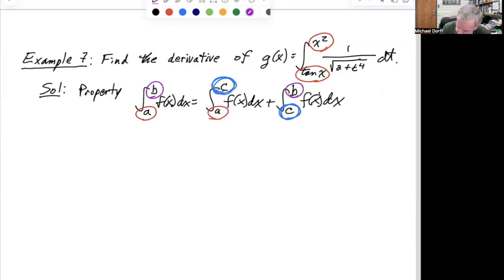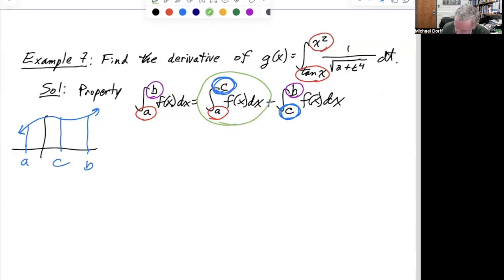You can think of this in terms of a function graph. Here's a, here's c, and here's b. Then this integral in green represents this area, and this integral in red represents this area.